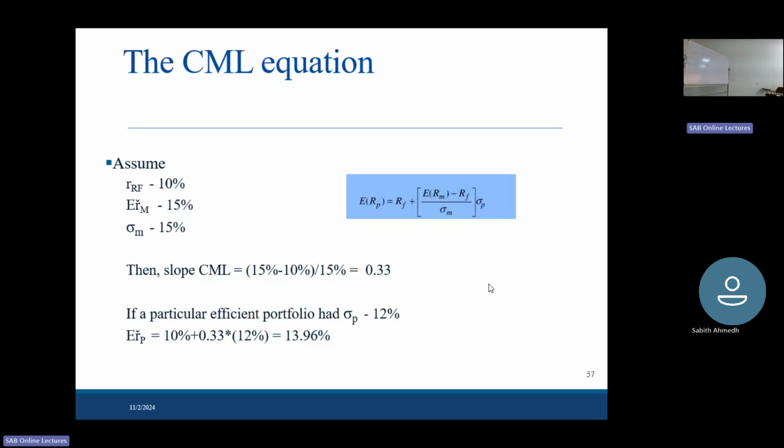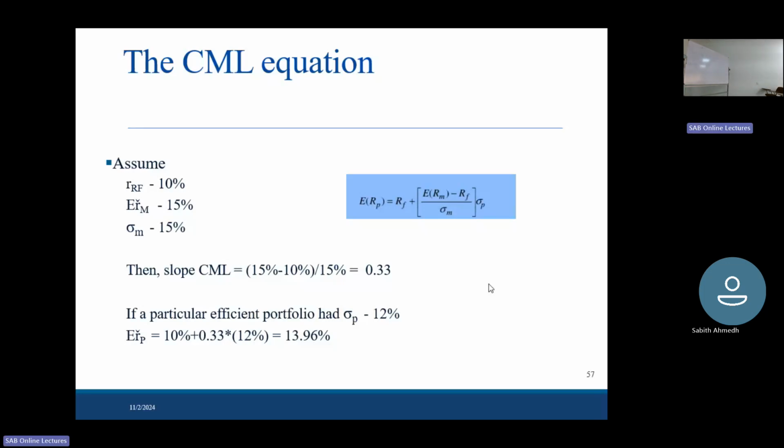Sigma M is the standard deviation of the market portfolio.